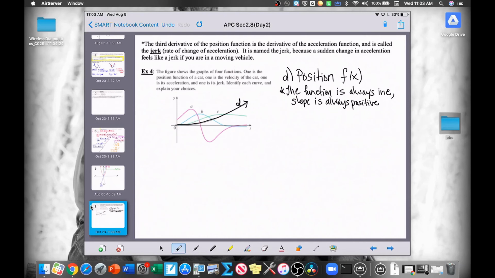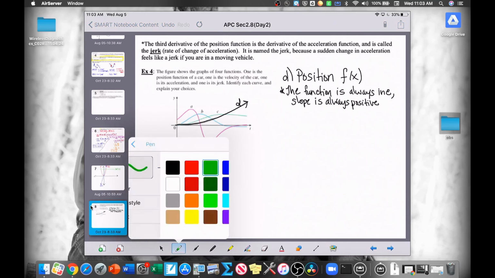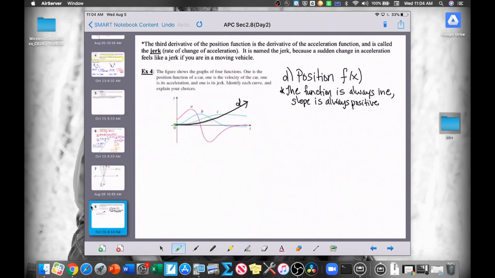If the function is always increasing, the derivative should always be above the x-axis. Well, of the three graphs that we have to choose from, the pink one, the blue one, and the green one, the only one that is always above the x-axis is the green one. So that alone tells me that letter C has to be our velocity function, or our f prime of x.